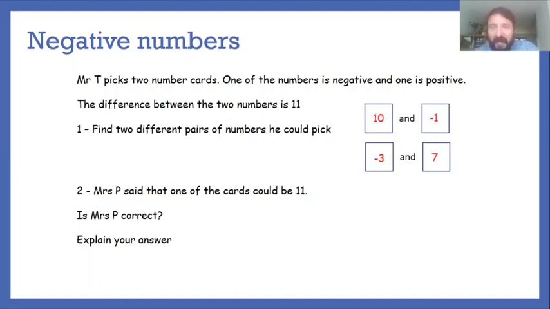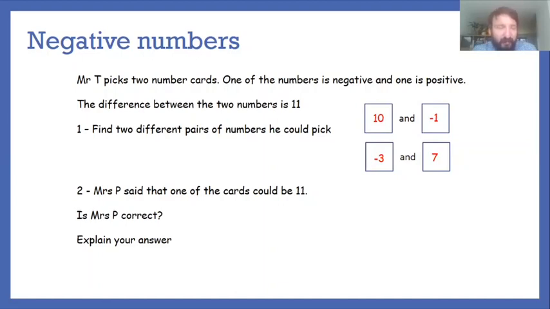I've chosen 10 and -1 because we know our positive 10 down to 0 would be a jump of 10, and then our jump from 0 to -1 would be 1. So therefore, that is a difference of 11. And similar to the 2 answers below. Now, there are many different answers you can have there, so just double check that you've definitely got a difference of 11. Draw yourself out a number line if you need to.